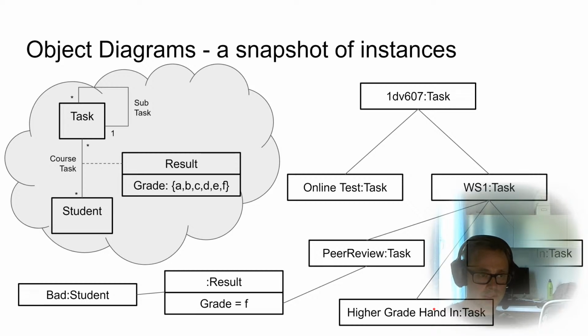And using this requirement and this domain model, the objects will be arranged in this way. So you can test drive your domain model and test drive your requirements and see how the objects will be arranged at that particular point in time. So it's an interesting tool.